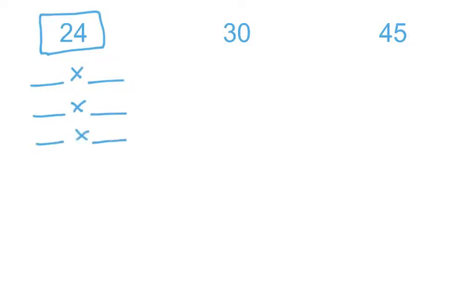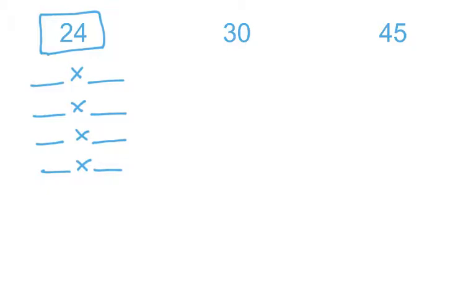We're going to work on factor pairs for a little while. So go ahead and write 24 on your whiteboard. And I am going to ask you to write all of the factor pairs of 24. I will give you clues by giving you the number of lines. You are going to fill in the factor pairs.